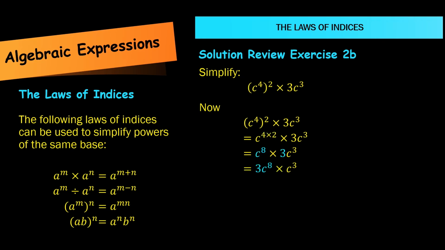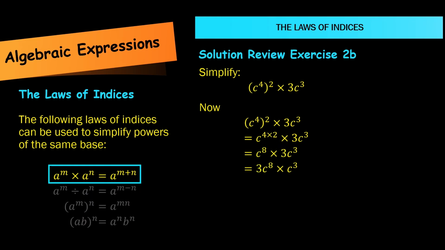We bring 3 to the front as shown here, and then using this highlighted law, we can add the indices. So c to the power 8 times c to the power 3 is c to the power 11.